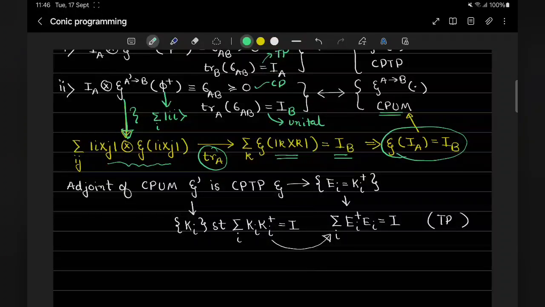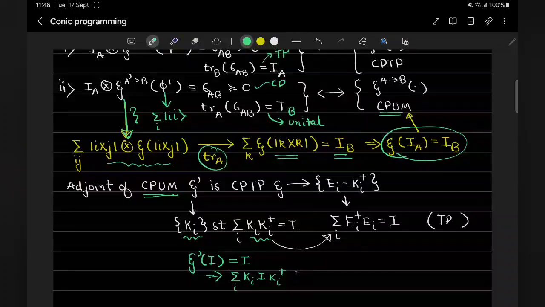This is because if you have a completely positive unital map, then it will have some Kraus operators that satisfy this, because epsilon prime of identity is identity, which implies that the summation over i of K_i identity K_i dagger is identity, and that is this condition here.